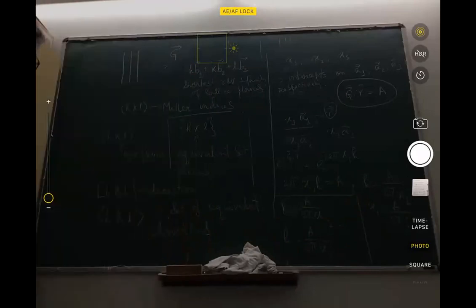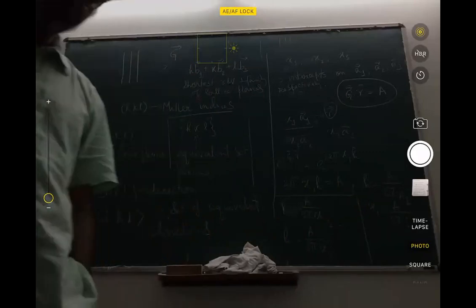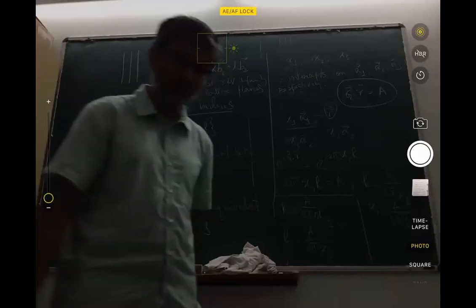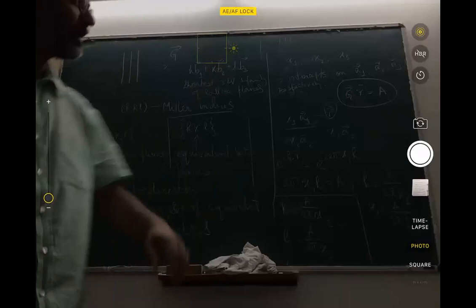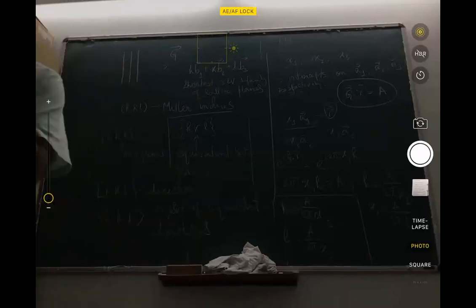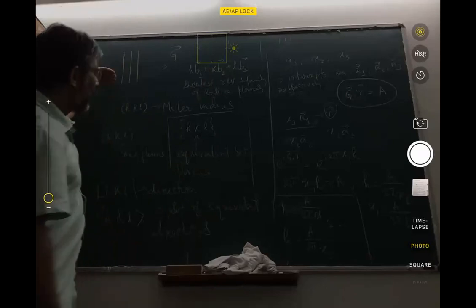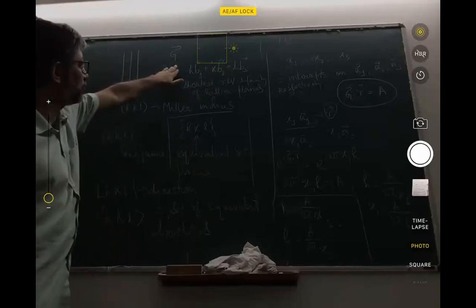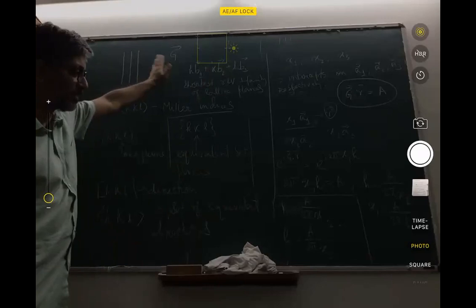In fact, that is the way the experimentalists, the crystallographers, often view it, but it actually comes from this formal treatment that you always have a set of lattice planes perpendicular to reciprocal lattice vectors and vice versa.